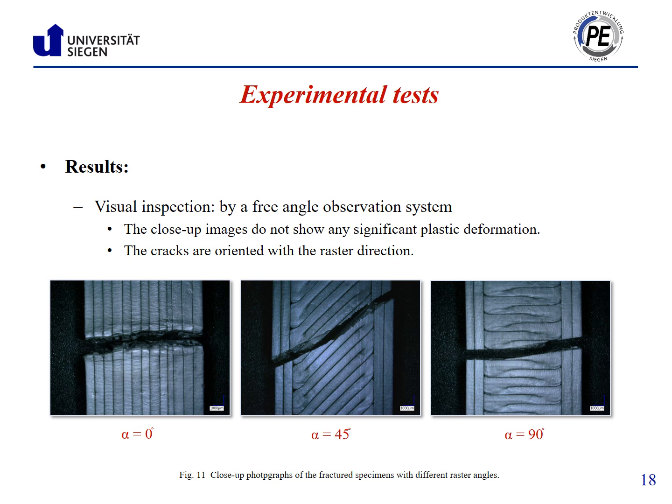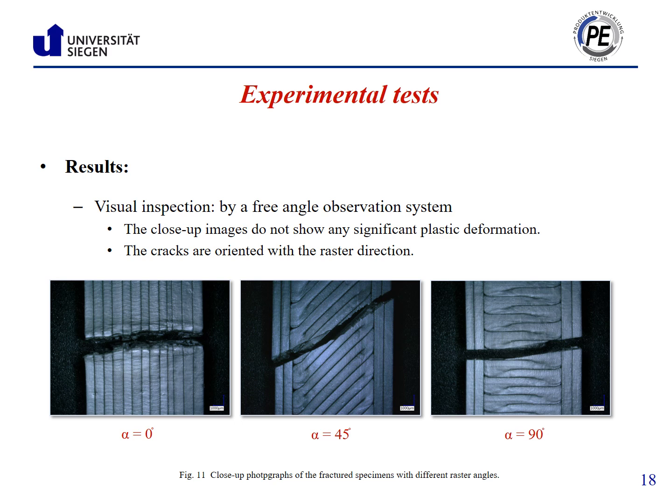In the last part of the results, we show these figures which are obtained from the visual inspection. In the current study, all the specimens are visually investigated by a free angle observation system. Visual investigation showed that there is no plastic deformation, and this microscopic investigation also showed gradual damage in the raster.